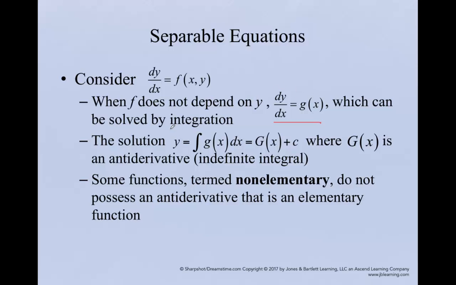Then if you integrate both sides, you can generate a solution: some function G(x) plus c, where c is a constant, and big G(x) is the indefinite integral of little g(x).